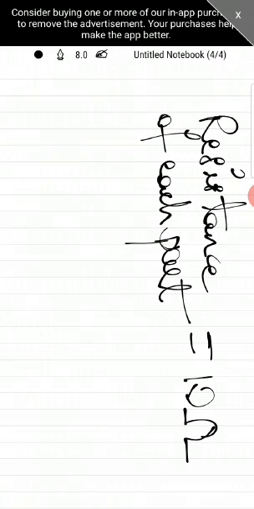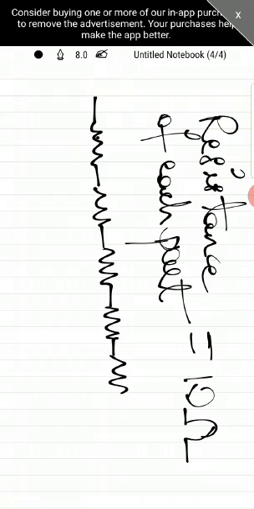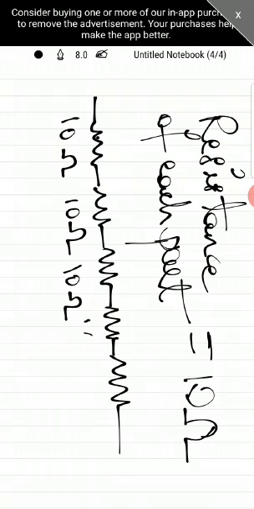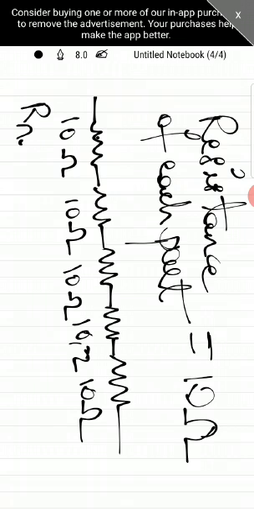Now all these 5 parts are joined in series, and the resistance of each part is 10 ohms. We know that in series connection, net resistance is equal to R1 plus R2 plus R3 plus R4 plus R5.